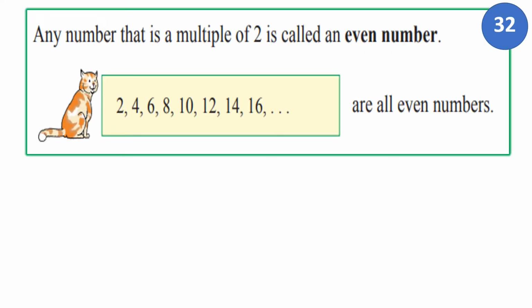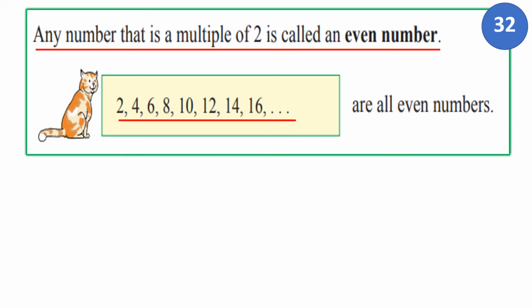Next, any number that is a multiple of 2 is called an even number. 2, 4, 6, 8, 10, 12, 14, 16, and so on are all even numbers.